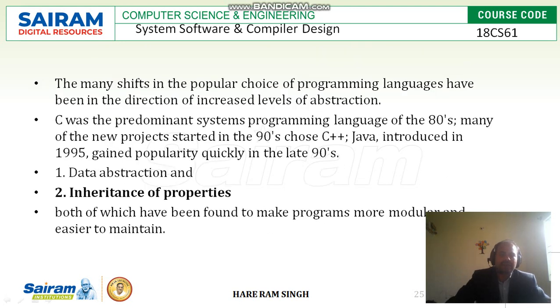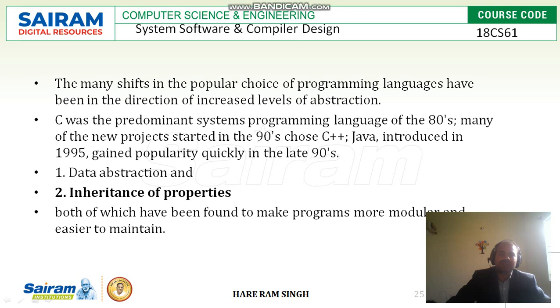The many shifts in the popular choice of programming languages have been in the direction of increased levels of abstraction. C was the predominant system programming language of the 80s. Many new projects started in the 90s used C++.